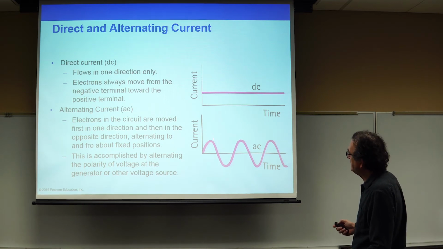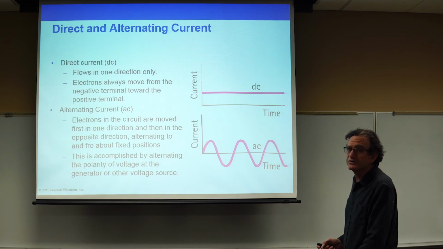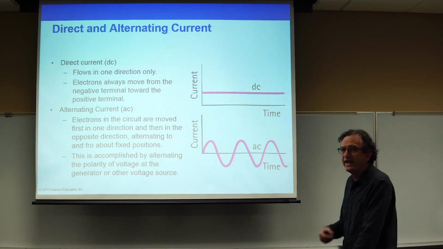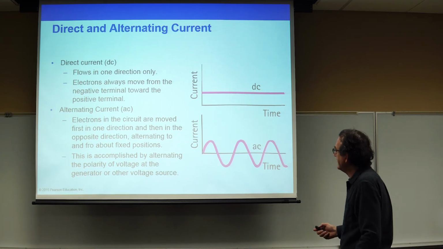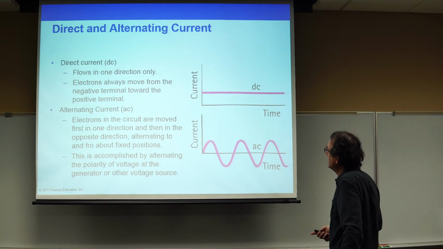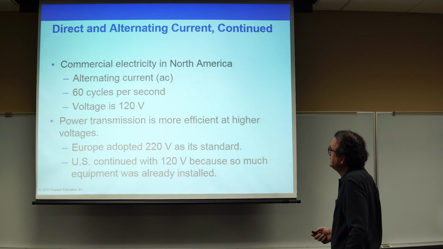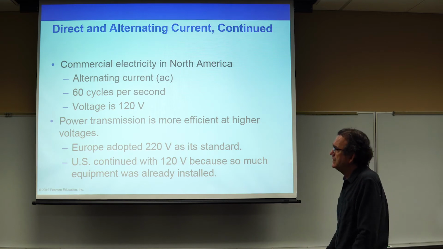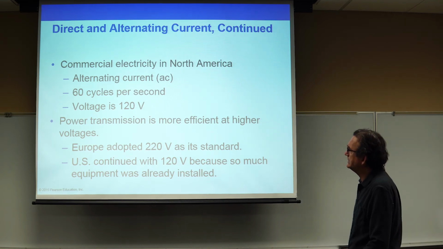The actual peak value is 170 volts coming out of the wall. But if I square this, the negative flips up to a positive, and the average value is 120 volts. So we call it 120 volts even though the peak to peak is plus 170 to minus 170 out of the wall.